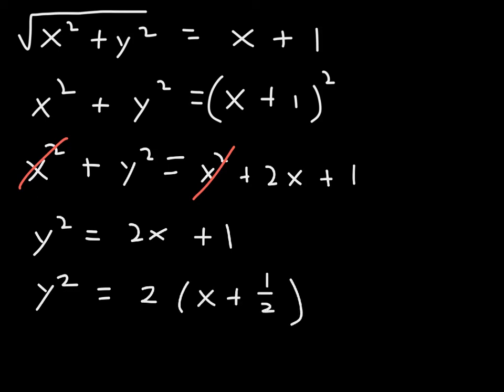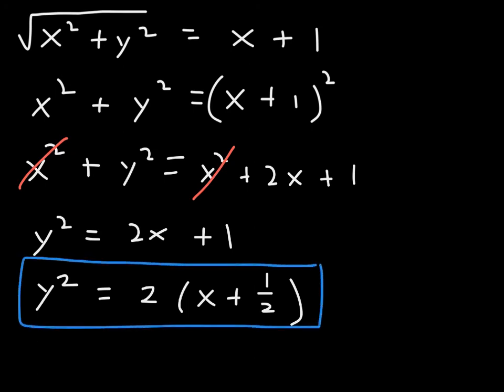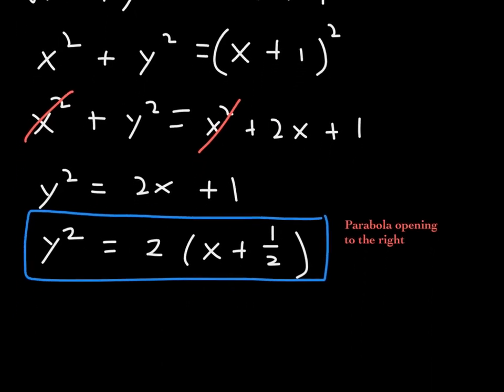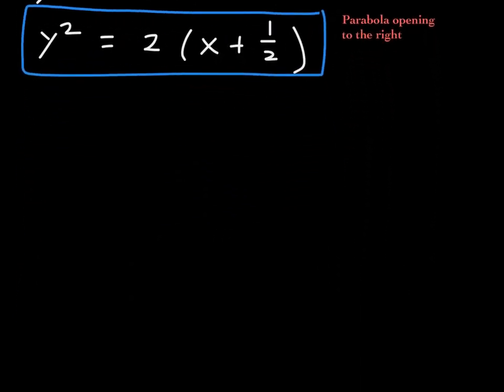The reason why I did that is because this is a standard form for a parabola. Now I can see that this coefficient is positive, so I know this parabola opens to the right. Cool. So make sure that you convert your equation and don't stop until you have something that is in standard form for a rectangular equation. So this is our rectangular equation.